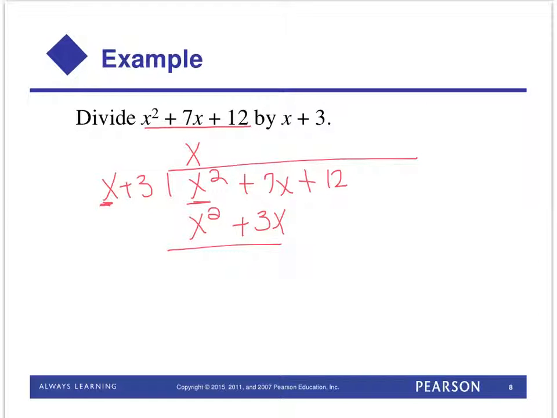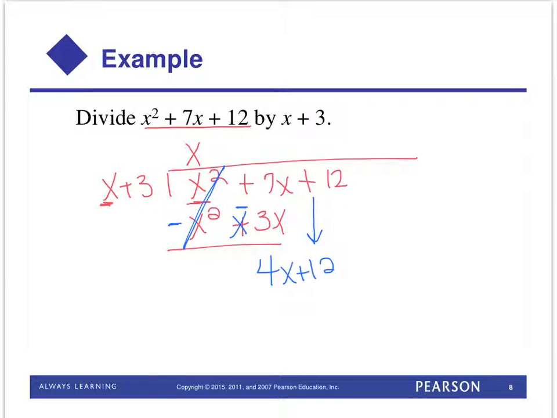Now, you're going to change the sign of everything in here. We're going to change the sign because the whole goal is to make this term drop out. So now you have 7x minus 3x. That gives you 4x. And just like long division, you bring down the next number. Keep the sign with it. Now, what do you multiply this x by to make it look exactly like this x?